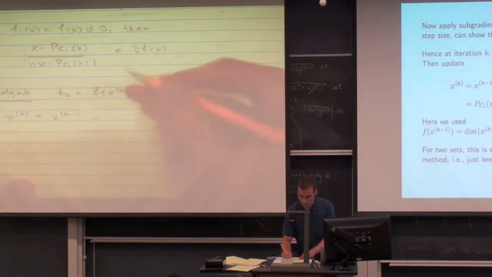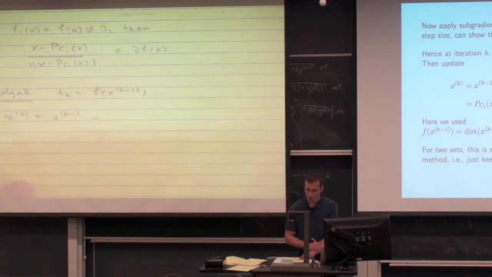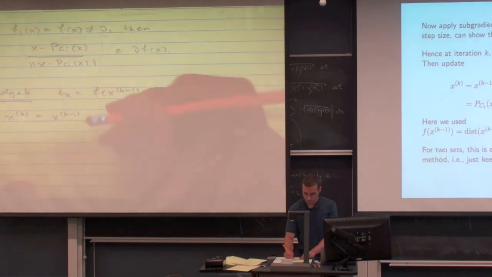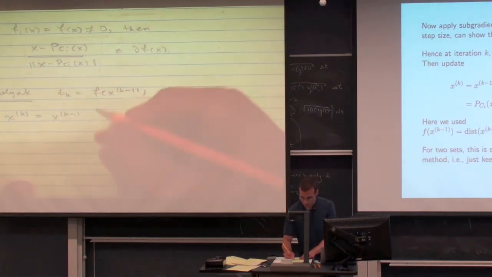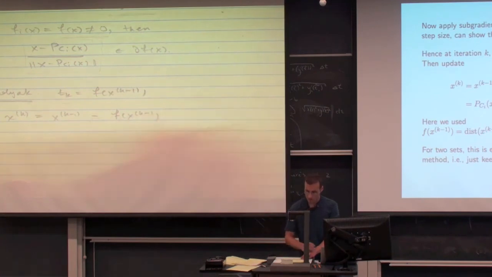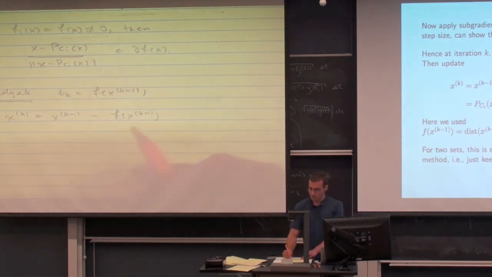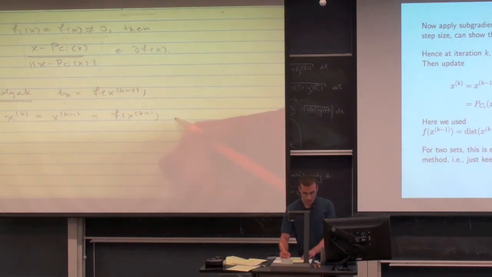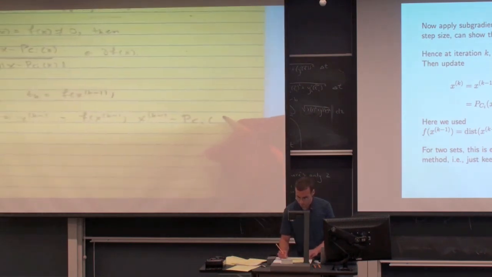I would like to take tk to be equal to the function value at the previous iteration. Okay, so that's the step size tk. What's the subgradient we're going to take? We're going to take xk minus 1 minus the projection onto ci of xk minus 1, over its norm.